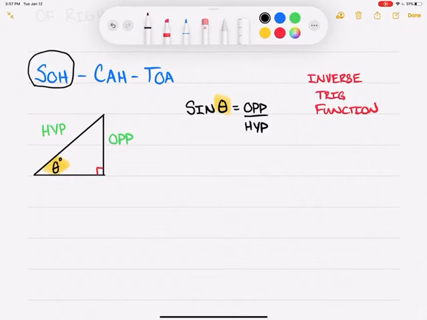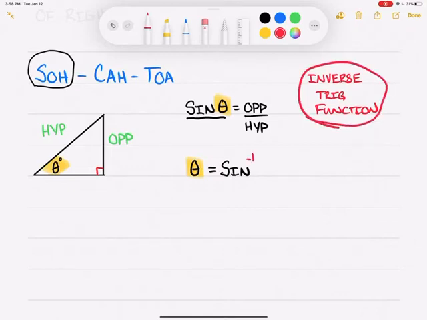Meaning, I'm going to take the sine and create the inverse. And it seems super complicated, it's not. All you need to do is take that angle, theta, make sure that it's by itself. You're going to write your equal sign, and then take your sine function and write it on the other side. Except this time, you're going to put a -1 above it to show that it's an inverse trig function.